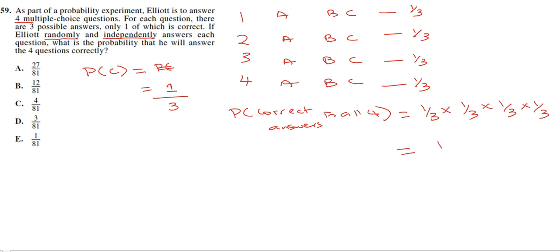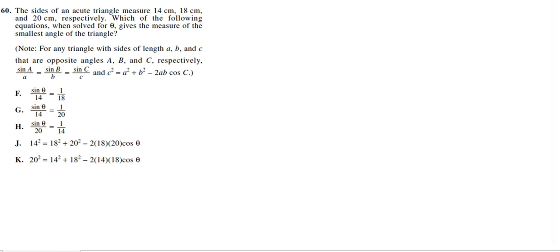So that's going to give us 1 over 81. So the probability of making sure that he has the correct answers for all four questions is 1 over 81. That's option E.